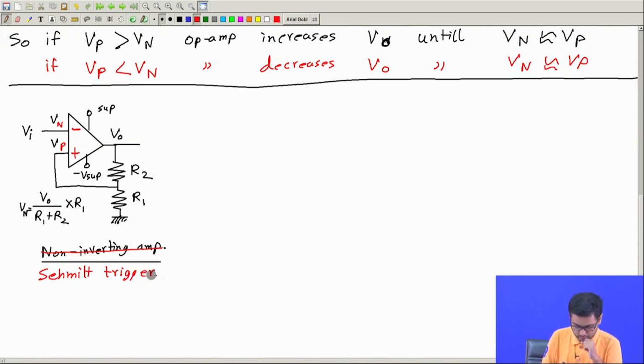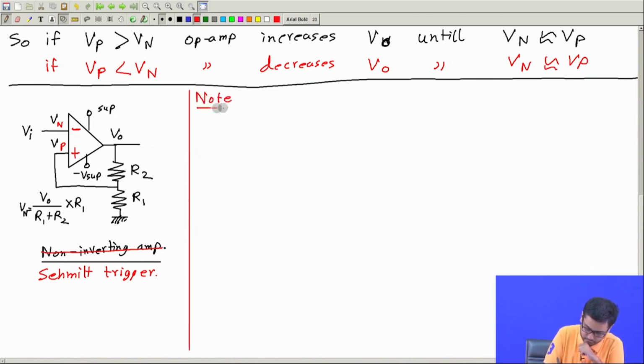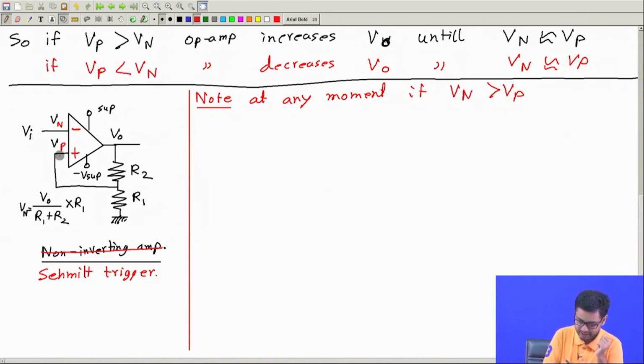So how will it work? Note what will happen if, say, at any moment Vn is greater than Vp, this potential is greater than this potential.